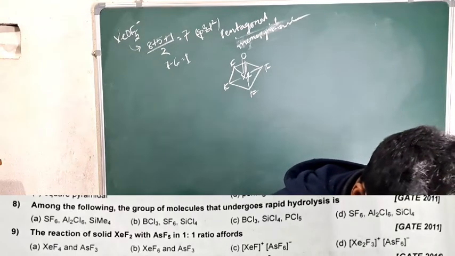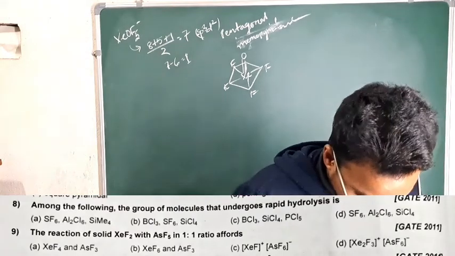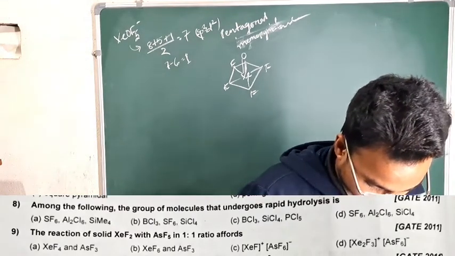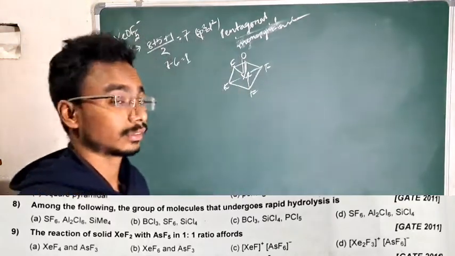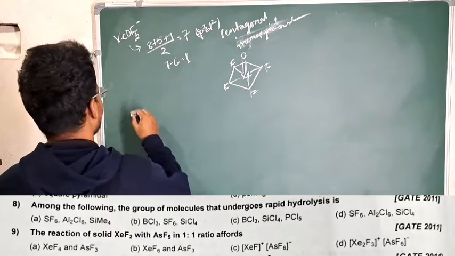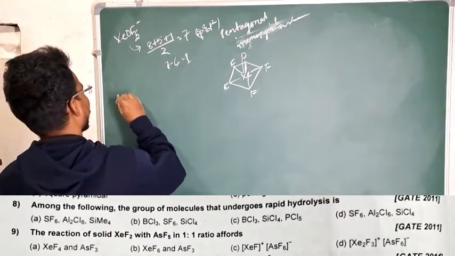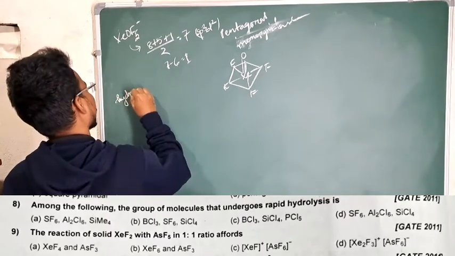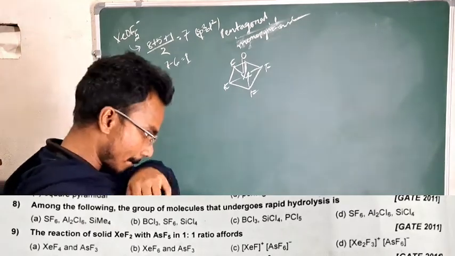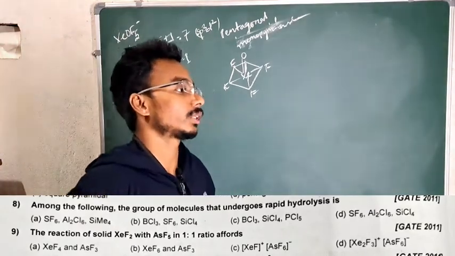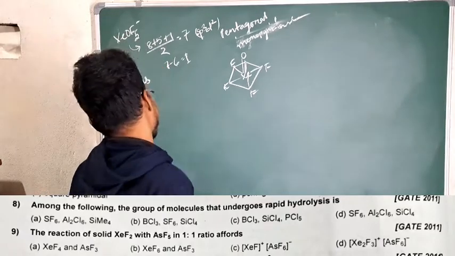Next question is 2011: among the following, the group of molecules that undergoes rapid hydrolysis. Read the questions carefully. They are asking about hydrolysis. When does hydrolysis happen, just tell me. Hydrolysis means water will attack, when a water molecule can attack.